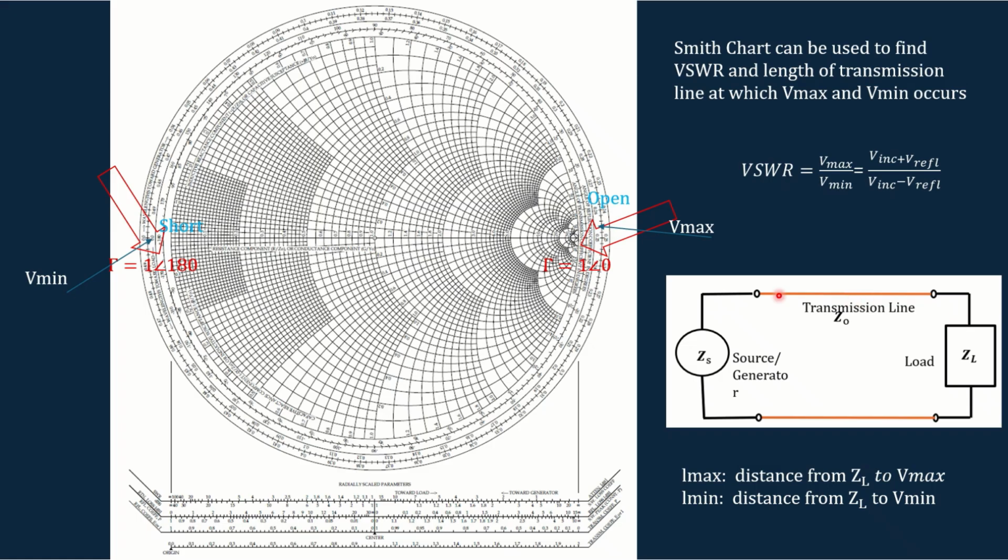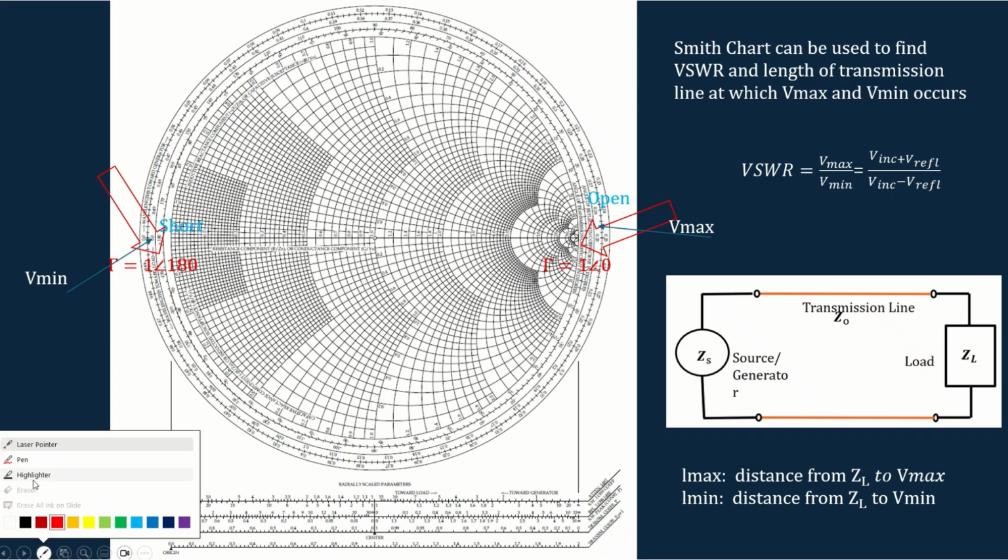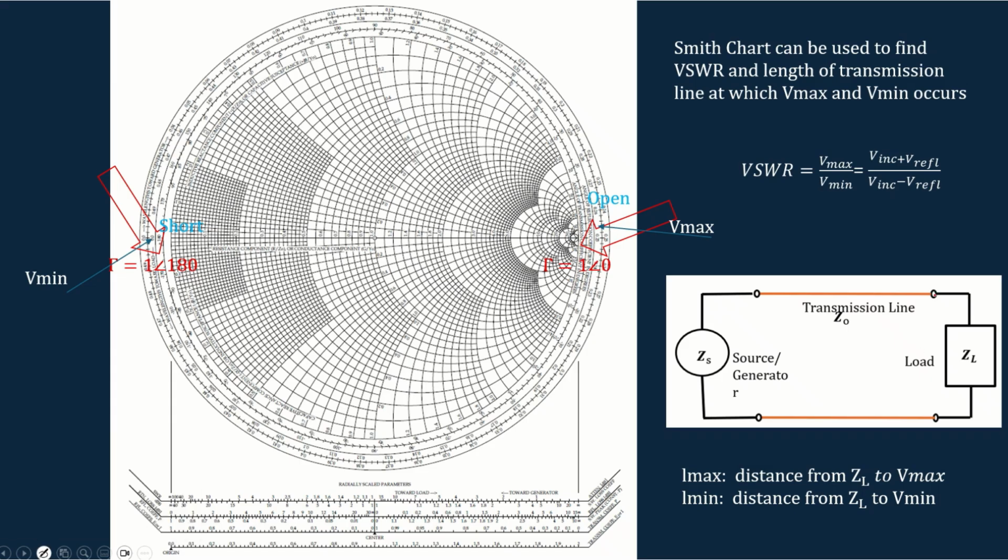Let's see why it is important to understand this concept. We know that standing waves occur due to the interaction between the incident wave and the reflected wave. These standing waves happen inside this transmission line, and we have to find the position of the V maximum and the V minimum.